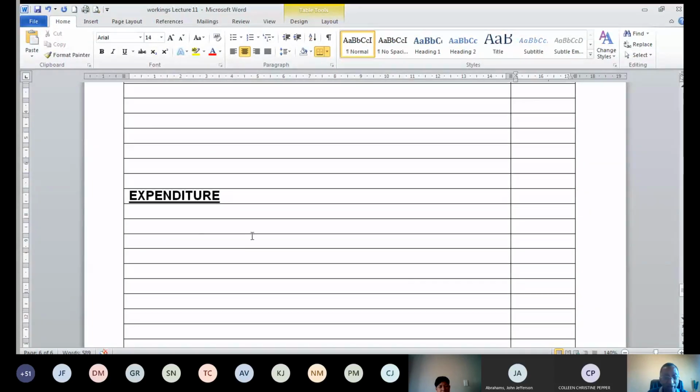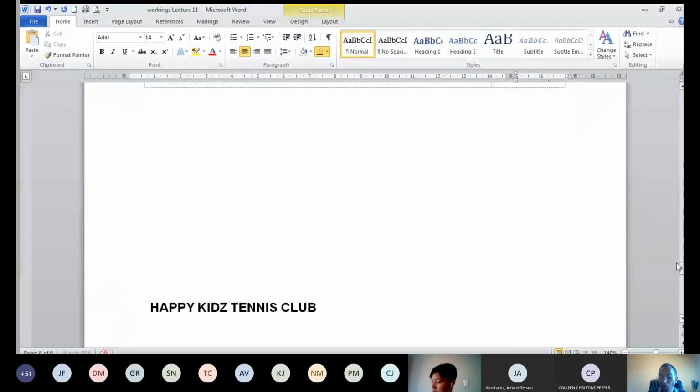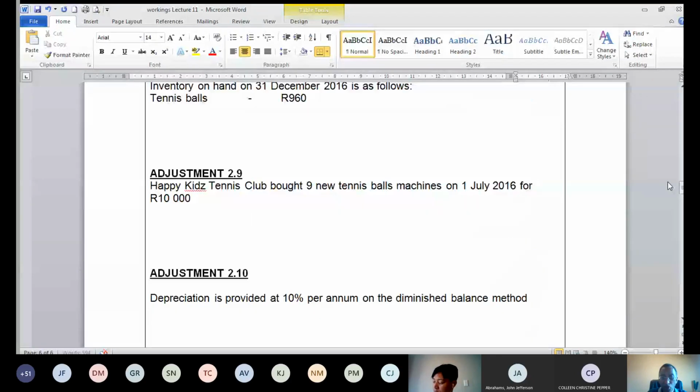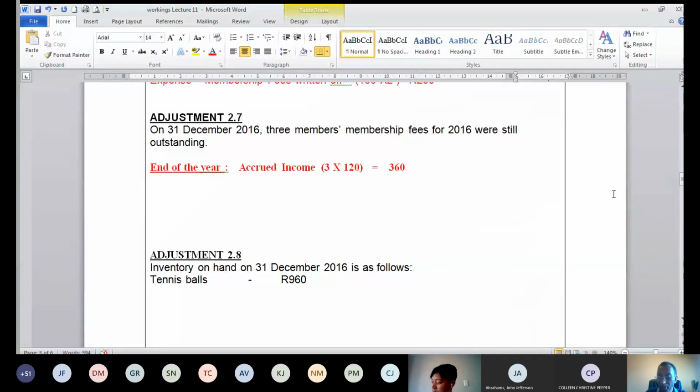And many students tend to forget this one, but remember now, you have also got an expense called membership fees written off. And our expense for membership fees written off was an amount of 200 rand. And that will take care, guys, of all the adjustments and the impact of the adjustments from 2.2 down to 2.7, all the adjustments that dealt with the membership fees.